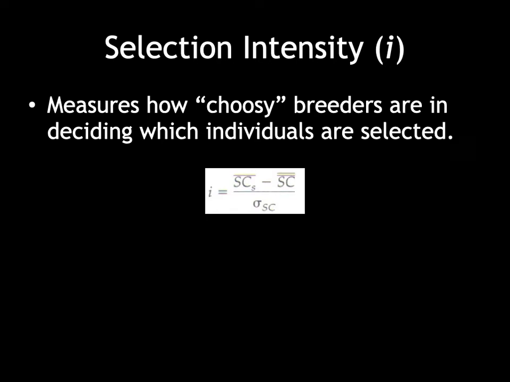The second factor is selection intensity. This refers to how intense or how choosy the breeder is in deciding which individual they select.